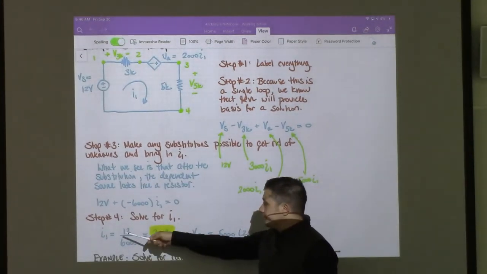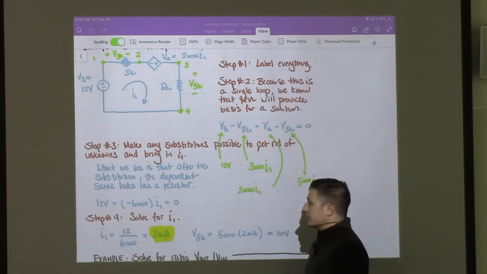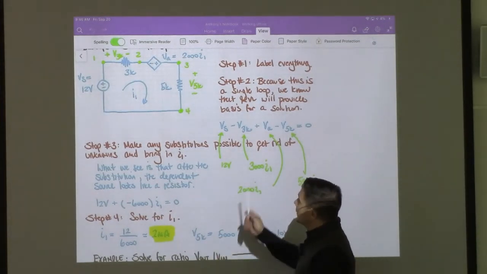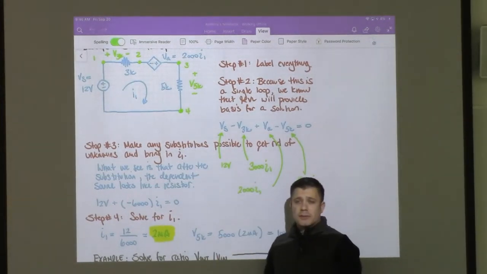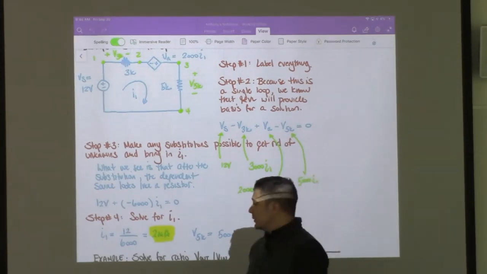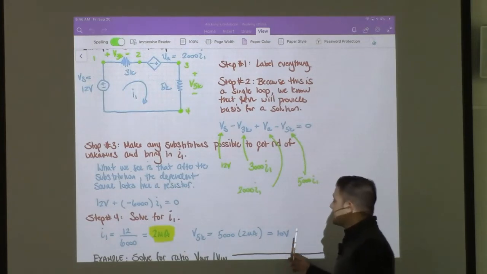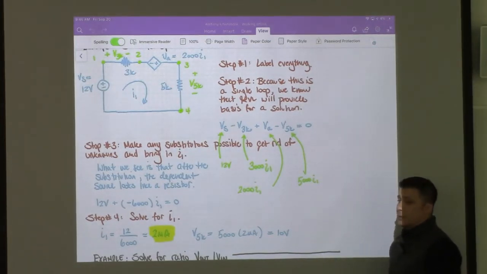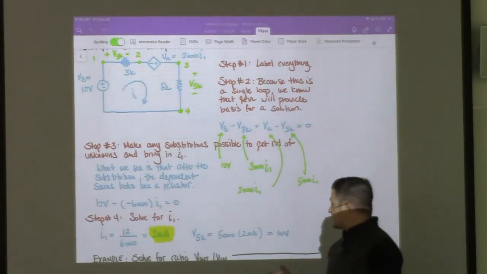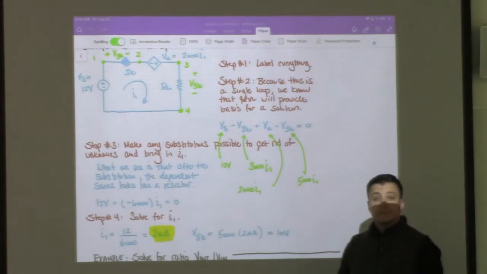Then we can solve. I1 equals 12 over 6,000 gives us 2 milliamps. So now we know what the current is running through that loop. V5K is V times I, and that gives us 10 volts. We could do the same thing for V3K, and that would give us 6 volts.